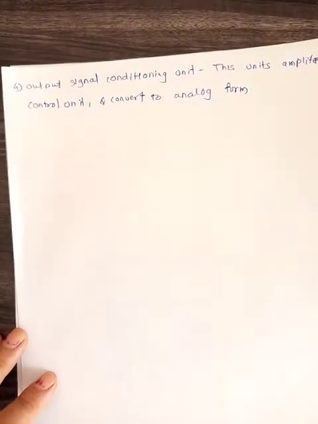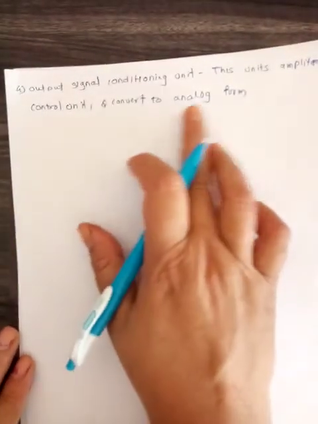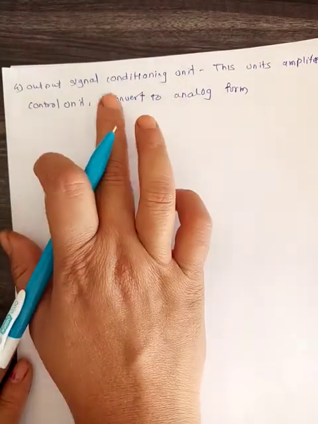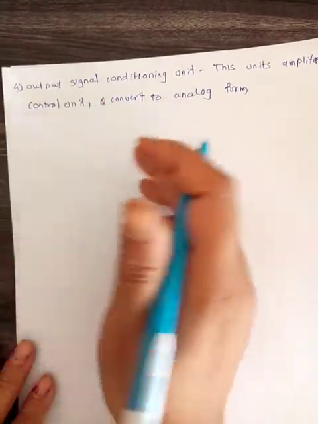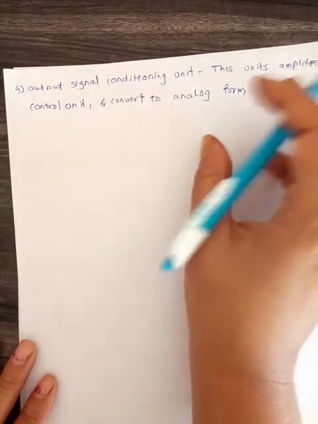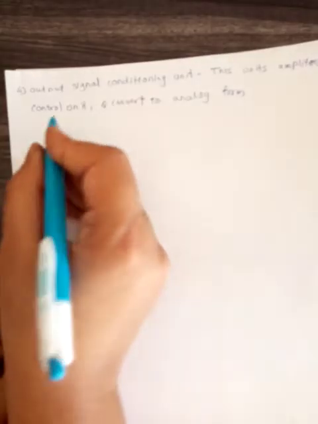Means this amplifies the control signal, and it converts to the analog form. Means digital is converted into the analog form. This is the function of the output signal conditioning unit, and this analog form is passed to the output display. Means the output display is nothing but the computer.